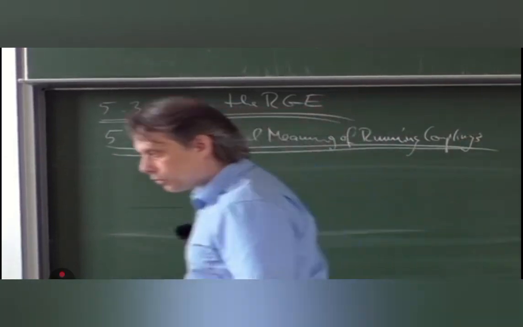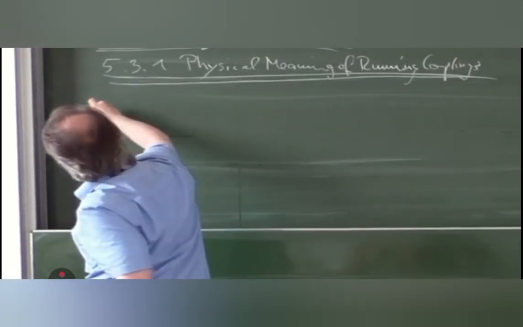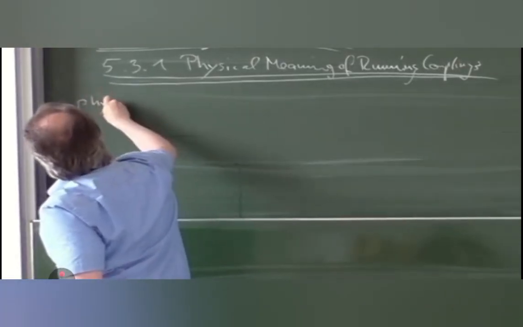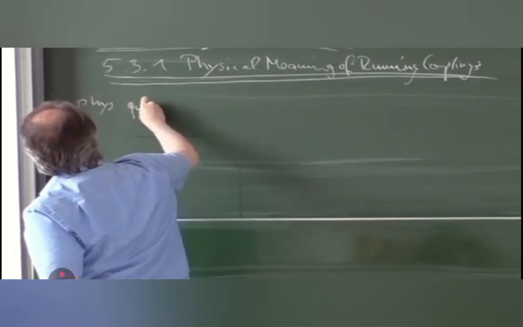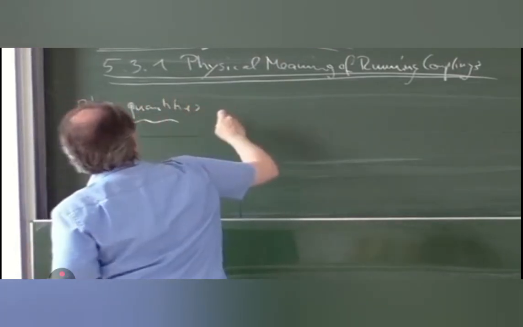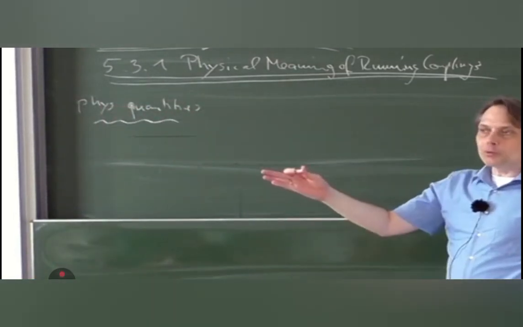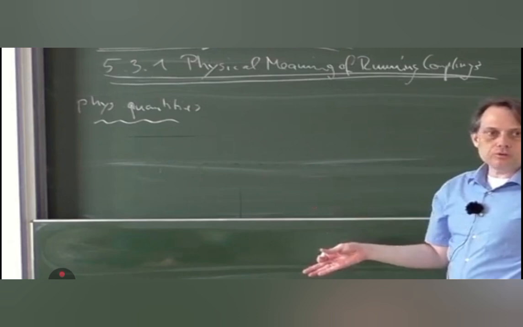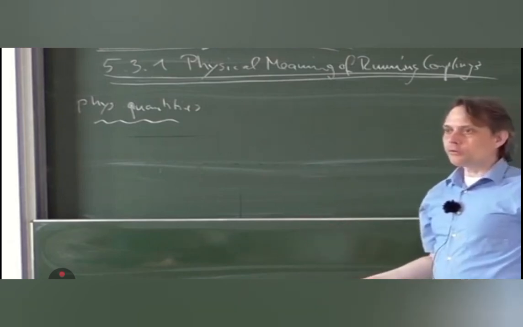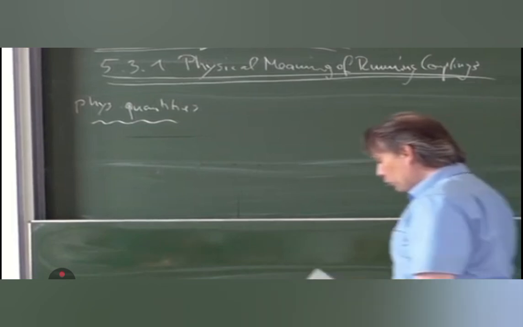Let me again first clean the blackboard. Let us first discuss some remarks on physical quantities. Physical quantities could be the observable mass of a particle or probability or lifetime of some particles, some physical process in general.